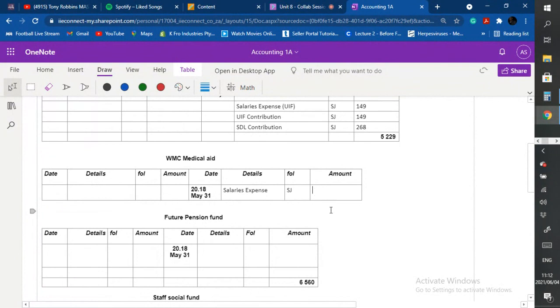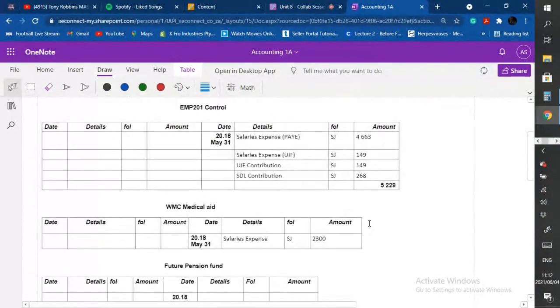If we had a contribution, we'd also say medical aid contribution, but it's only a deduction off of the employee. And how much did we deduct from his account for medical aid? It is 2,300. Right, okay.